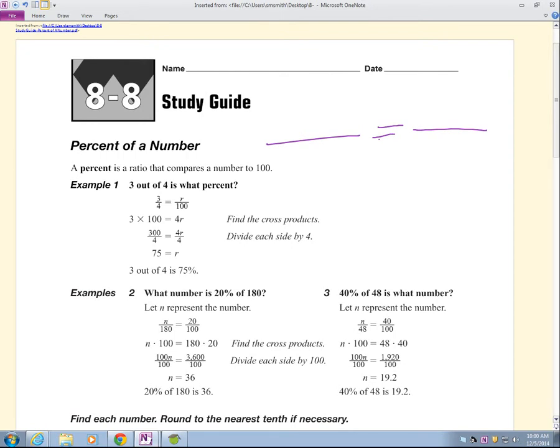And it's going to be part over whole equals number of percent over 100. There are different ways of doing it.